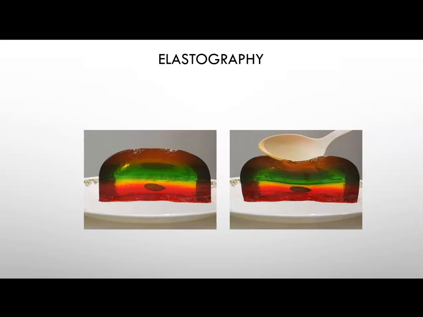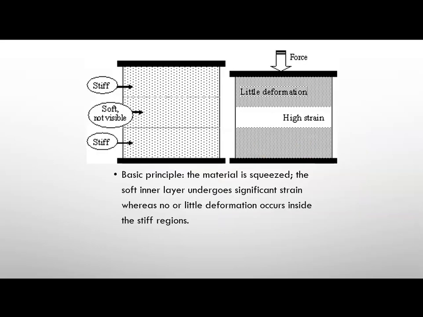Seems very simple with jello and almonds, but when we're talking about tumors, it's a little more important. So if we have stiff tissue and soft tissue and stiff tissue, when we put deformation, we get the highest strain in the soft tissue. So that's the basic principle behind elastography.